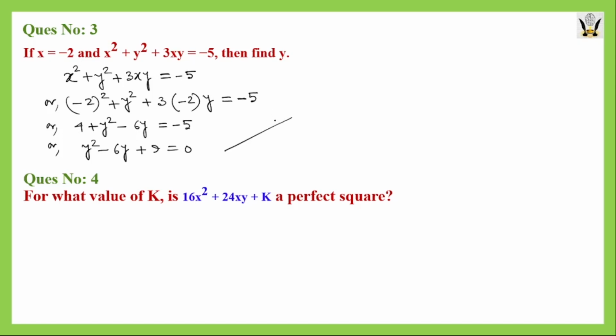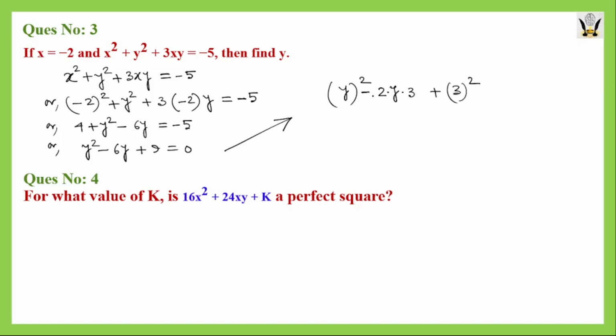Then further it can be represented as y square, then here 9 can be represented as 3 square, and let's see if we can represent the middle term as 2ab in that format or not. So 2, and then y is our a, and b is what? b is 3.